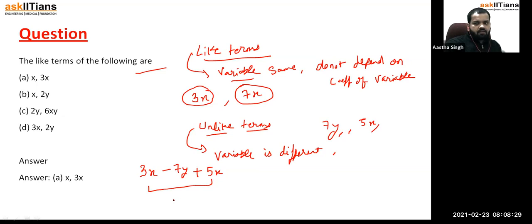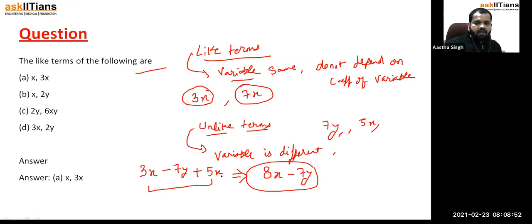I will say that only two terms are there, because we can further simplify this expression. 5x and 3x will add and become 5 plus 3, 8x minus 7y. So only two terms are there.